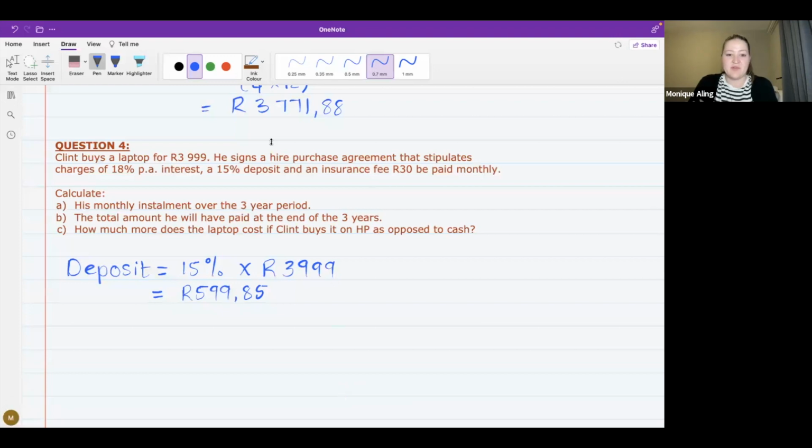I think we have time to work out the outstanding balance. Let's quickly work out the outstanding balance. So what is left over after the deposit?